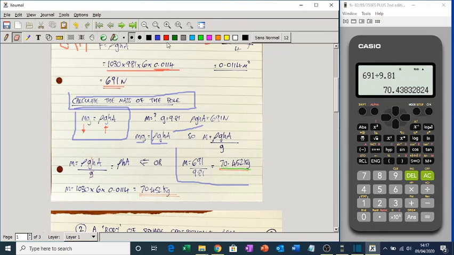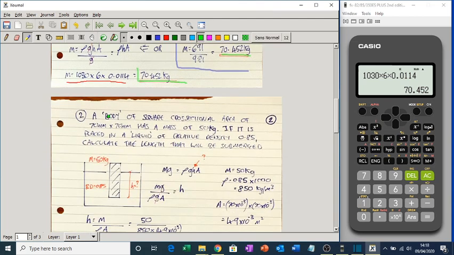So this one, density, height and area: 1030 times by 6 times by 0.0114. So you get the same answer. So either way is right. So the mass of this thing is 70 kilograms.